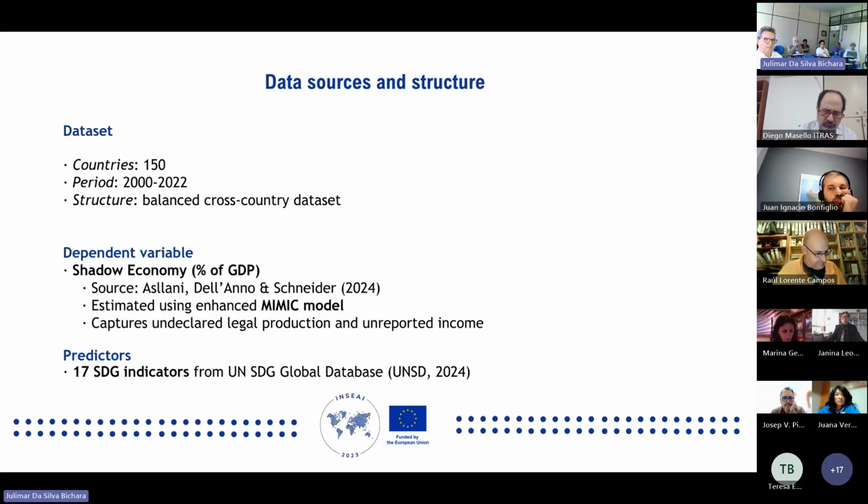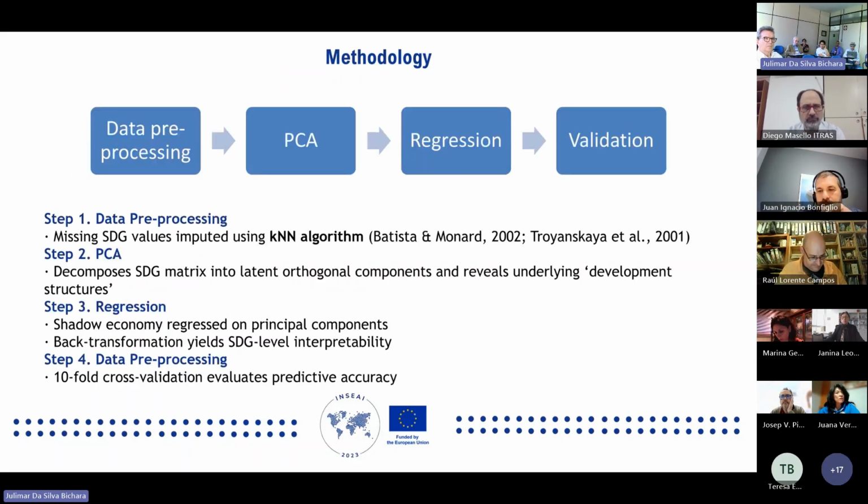And in terms of predictors, we have used the United Nations SDG global database, where we have the 17 SDG indicators. From a methodological perspective, we performed some data pre-processing because we had some missing values, and for that we imputed them using the nearest neighbor algorithm.